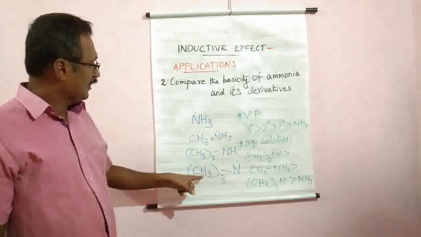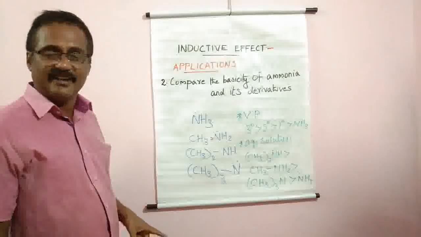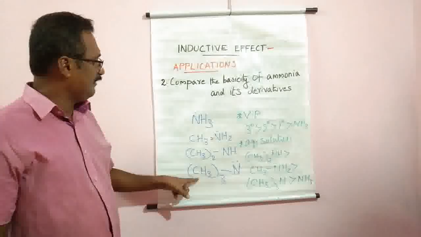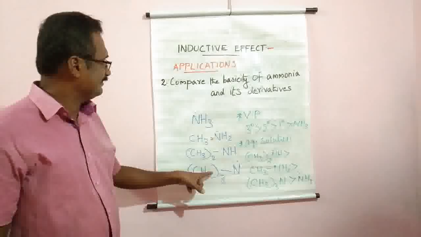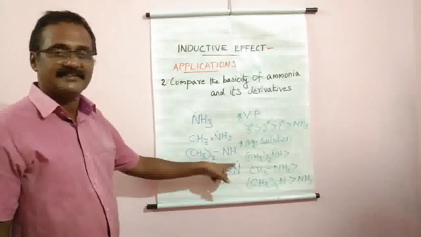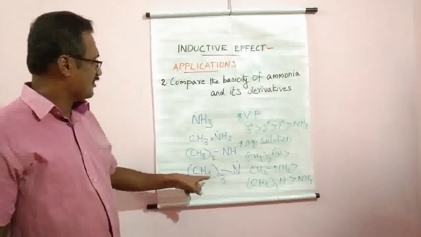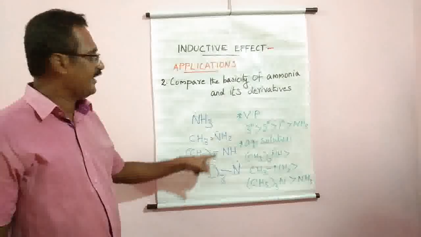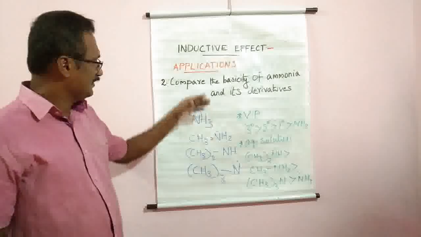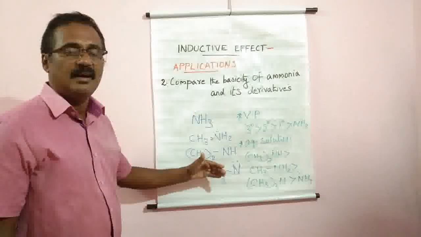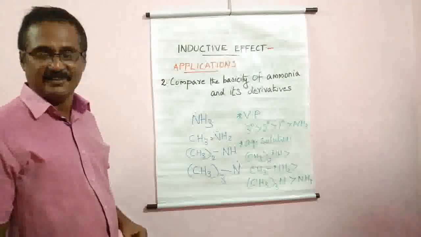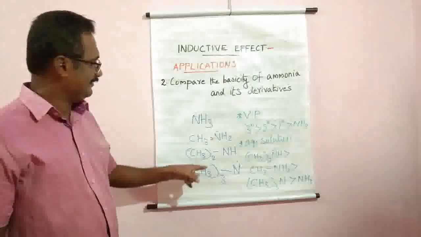Okay. Then coming to trimethylamine, what happens? Three methyl groups having plus I effect increase the availability of electron pair on the nitrogen atom. As a result, trimethylamine is more basic than dimethylamine. This is the case in vapor phase. Okay, that is in vapor phase.